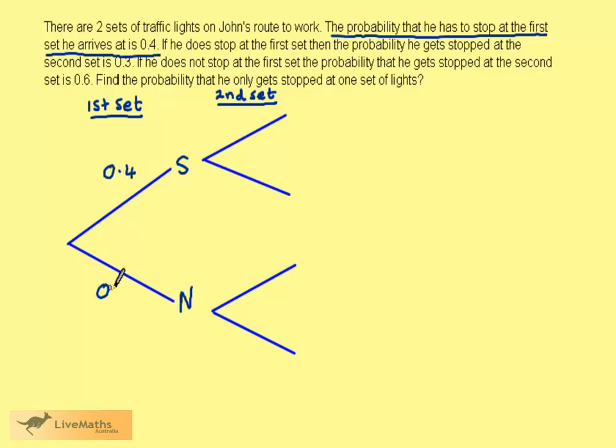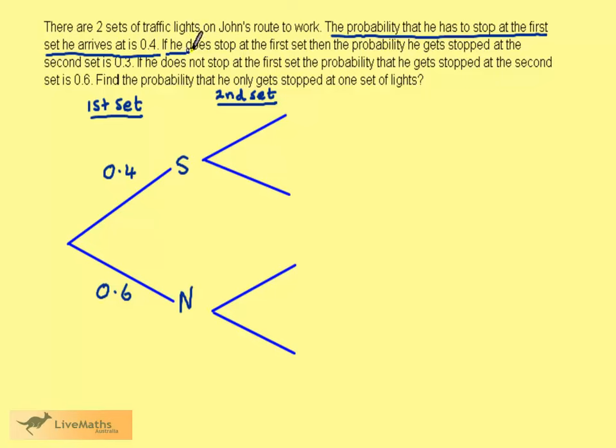So for not stopping, the probability is 0.6. Remember, the sum of these two has to be 1. He's either going to stop or not stop. So it's certain that he's going to do one of these two things, and therefore the probabilities must add to 1.